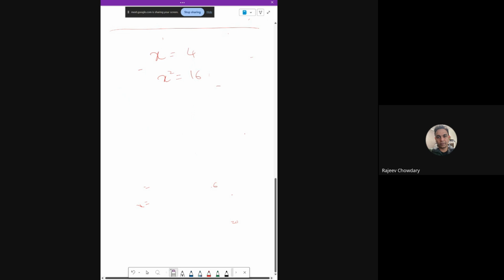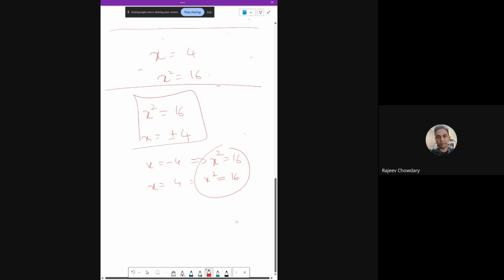If x squared is 16, x could be plus or minus 4. When I square x equal to minus 4, x squared is 16. Similarly, when x is plus 4, x squared is 16. So when you write the reverse, it becomes plus or minus. Any questions?